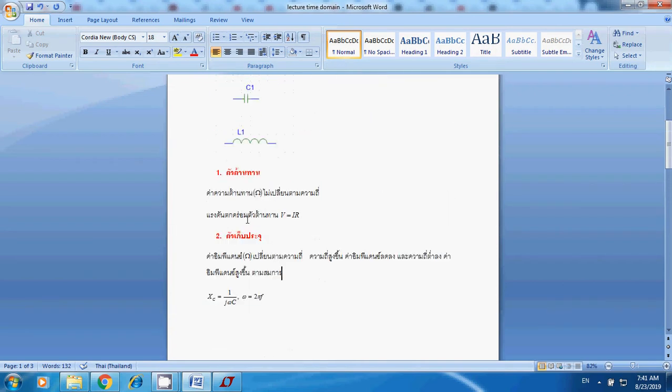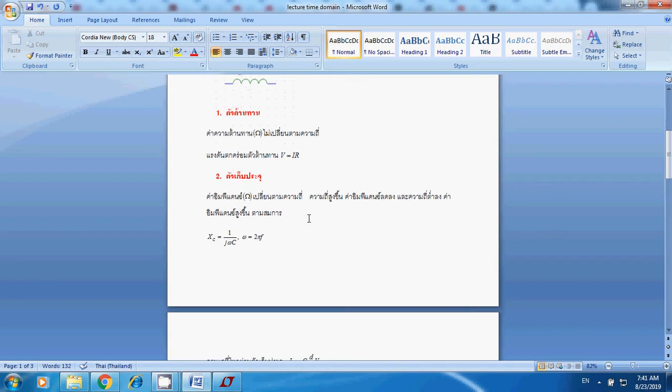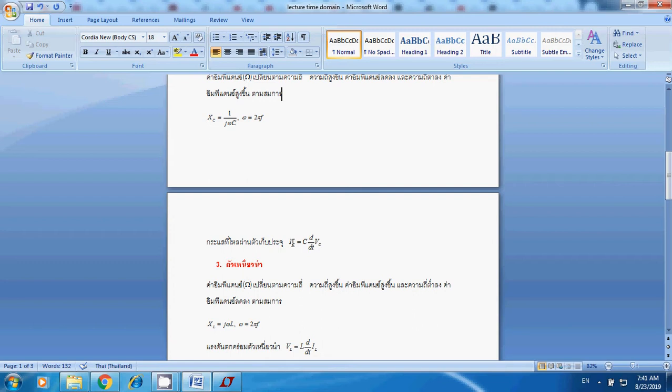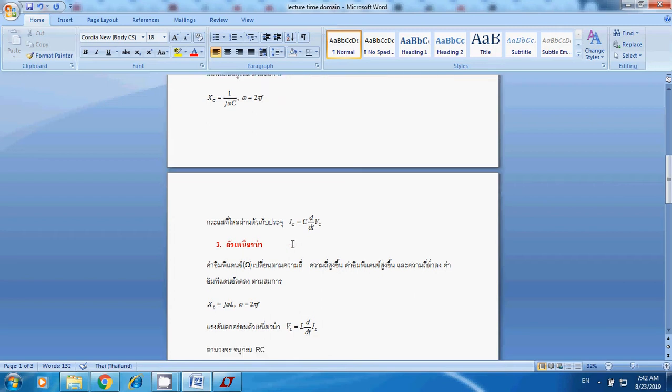Now take a look at the voltage drop across the resistor. By Ohm's law, V equal to IR. That's very simple. For the capacitor, the current flowing through the capacitor is going to be equal to C dVc by dt. So whenever the voltage across the capacitor changes with time, that will create the capacitor current.